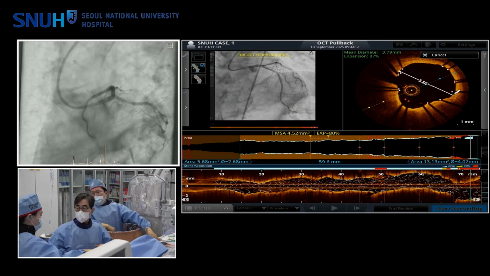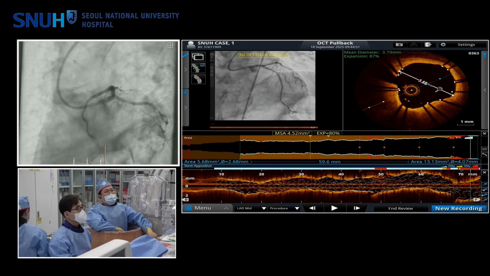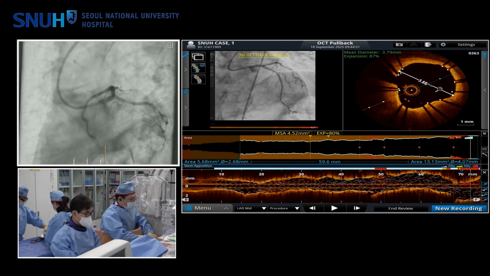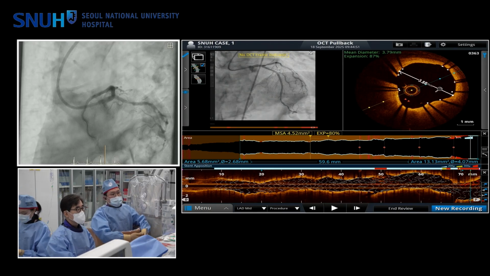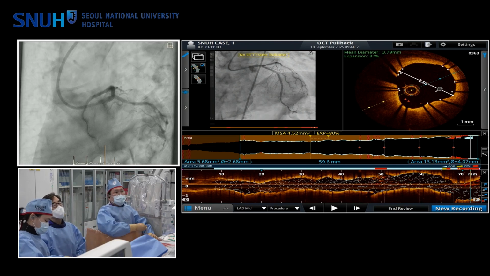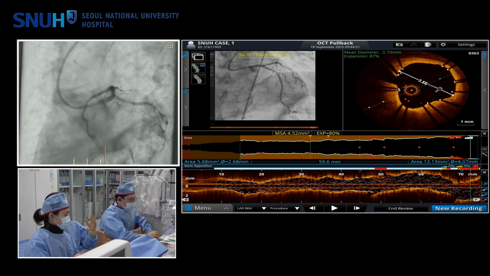Let's do the same as before. Yes, I think 5 is necessary to get a better position. Okay, but just low pressure, right? Because we are going to do post ballooning with a 4.0 by 10 semi-compliant balloon, not NC.